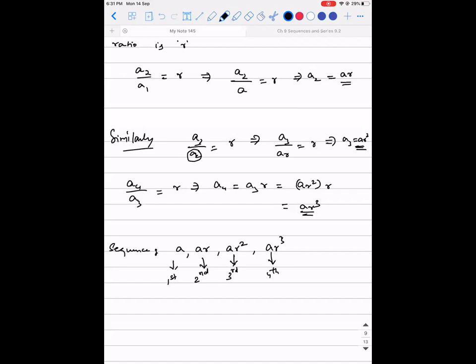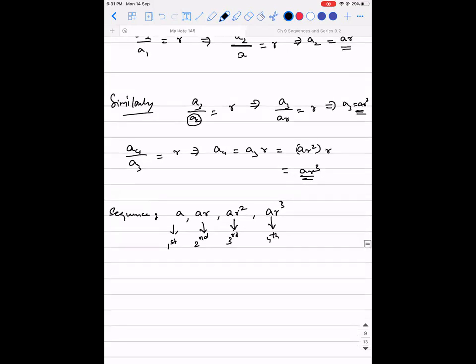In all these terms, what is common? A is common. The first term doesn't have R, but is it possible for us to write it in terms of R? That is what we need to see. So A is common. I'm writing it as R. A multiplied with R power, how much is A?